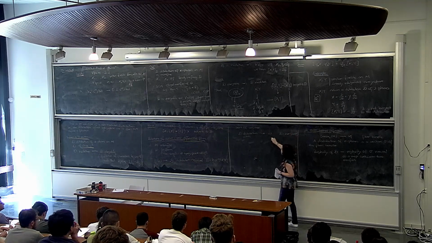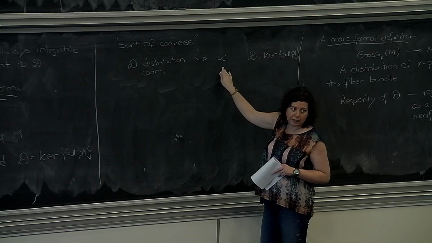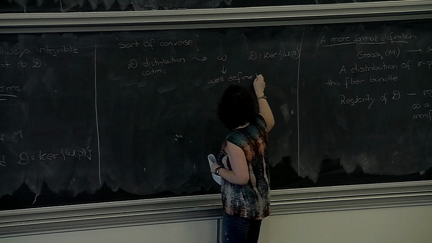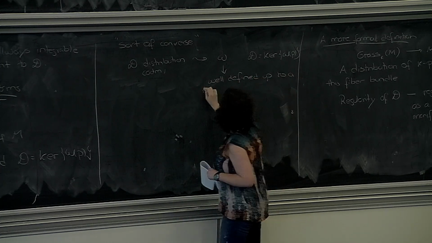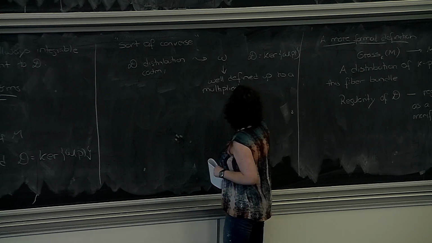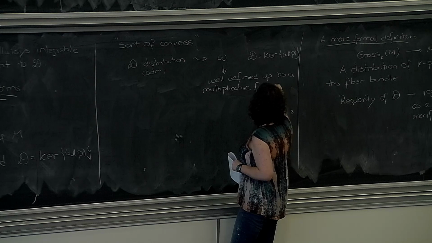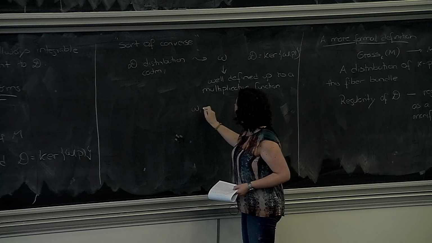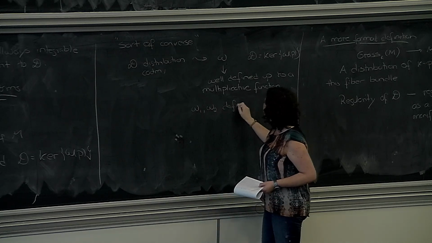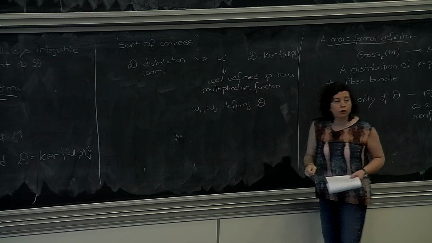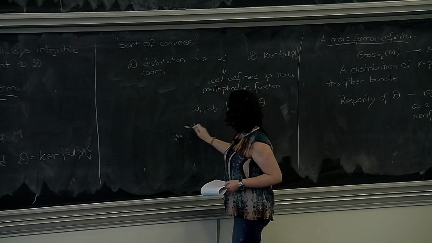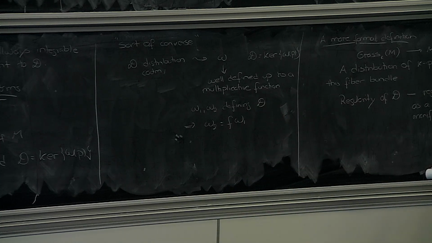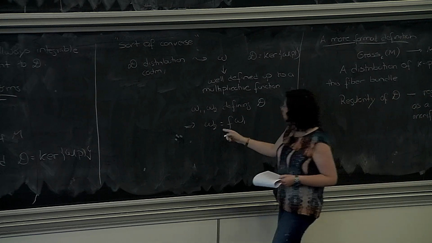However, this is well defined up to a multiplicative function. Okay, I mean that if I have two one forms, omega 1 and omega 2, defining the same distribution D, then omega 2 is a function F times the one form omega 1 for some non-vanishing function F.